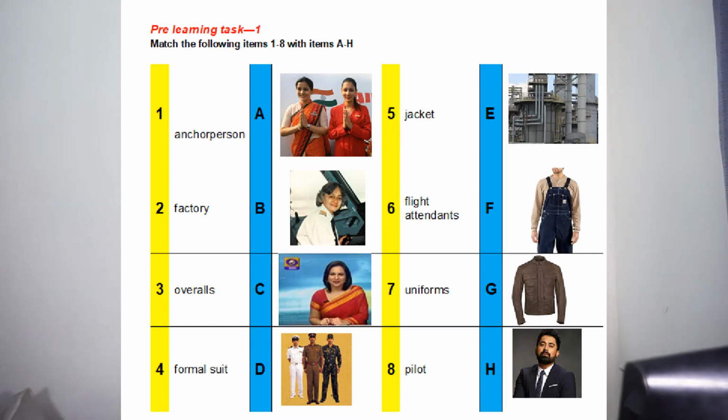Let's do the first one. In the first cell, you have the word anchor person. Who's an anchor person? The person you see on the TV, for example, the person who's reading the news on television is the anchor person. It may be an anchor man, pronounced as anchorman, or the anchor woman.